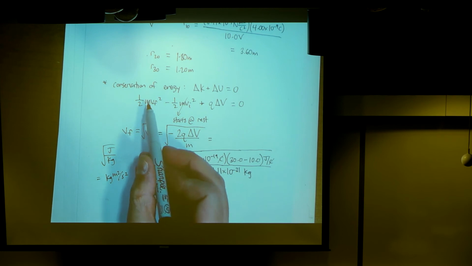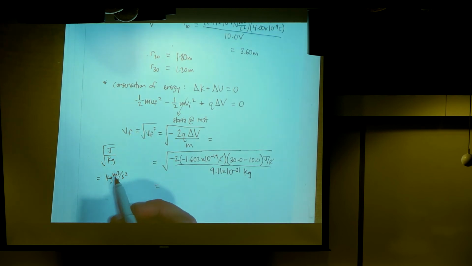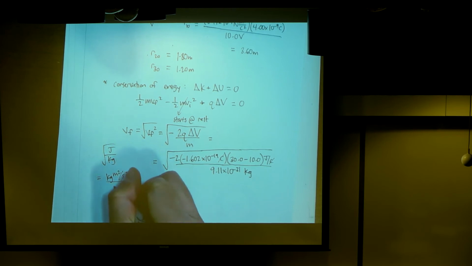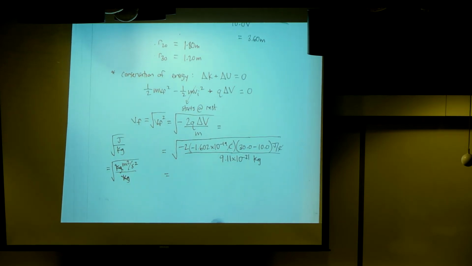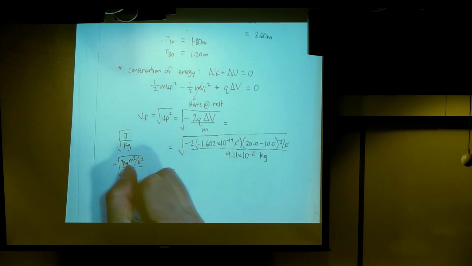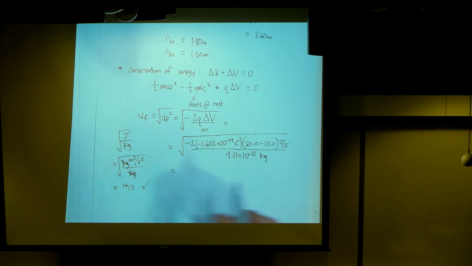If you think about the formula of 1/2 mv squared, this should make sense, right? Because it's a mass times the speed squared to get an energy unit. Divide that by kilograms, take the square root. Okay, kilograms cancel, square root meter squared over second squared, meters per second. So it works out like you expect. Okay, just want to show you that.